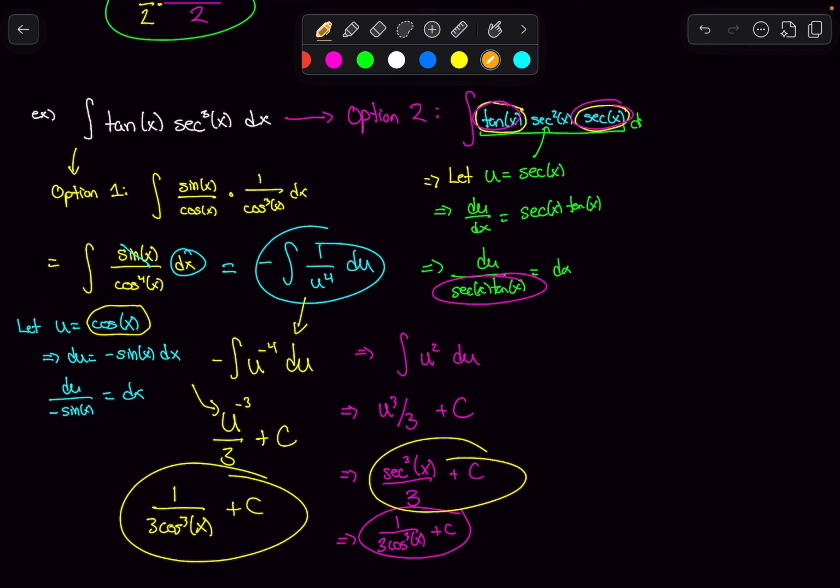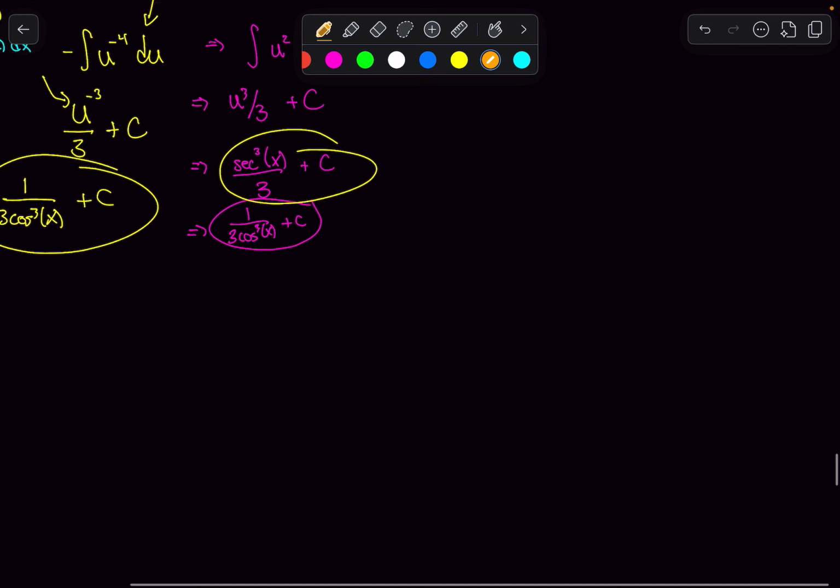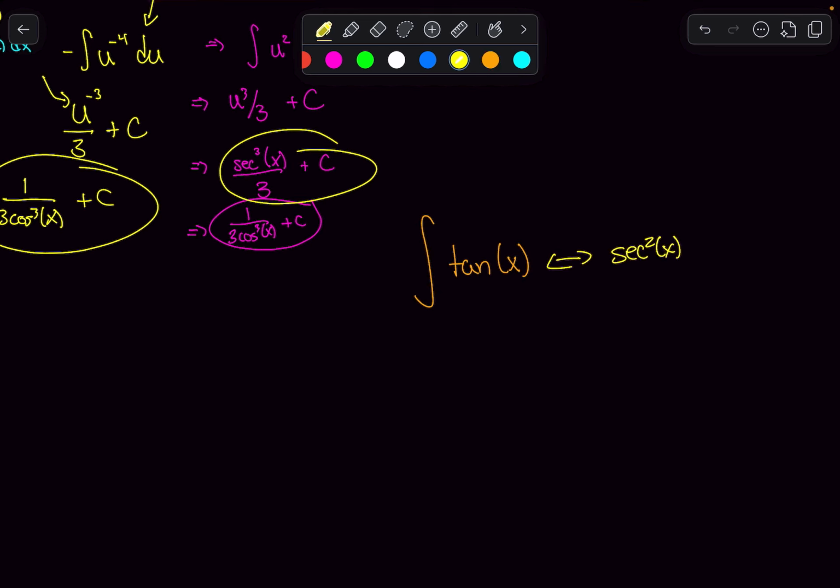That's a-okay. So what are some general strategies in doing all of this? General strategies have to do with, if you're dealing with tangent functions, right? If you're doing integrals and there's tangents in there, we want them to be paired up with some secant squareds of x.